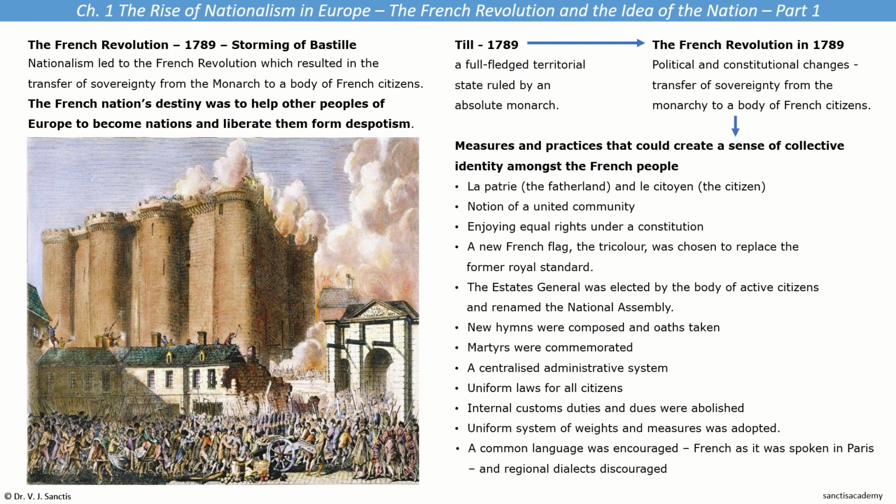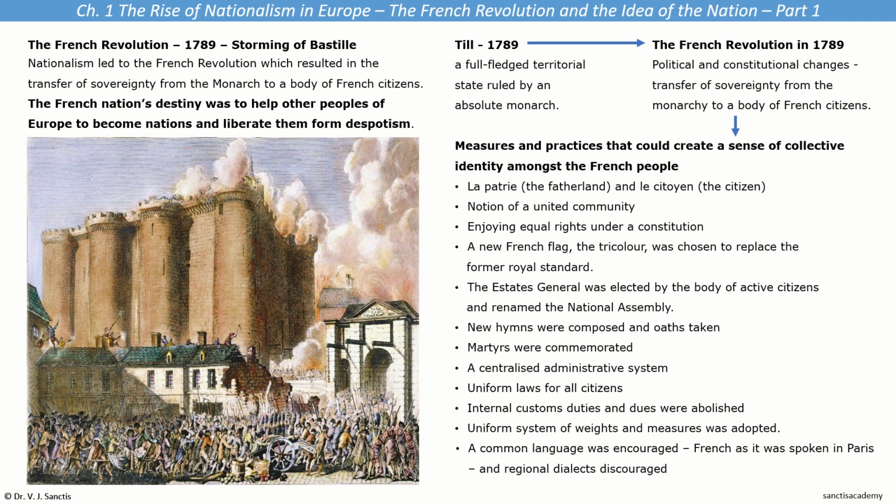In a housing society, the contribution is made to a central administrator, to one person. Likewise, in the French nation, customs, duties, and dues were abolished and contribution was made to a central system.